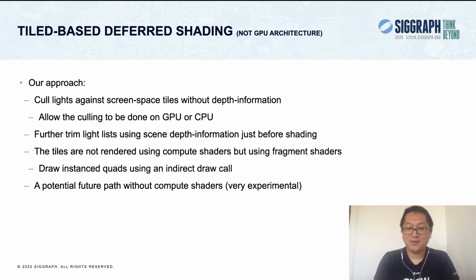The tiles are not rendered using compute shaders, but using fragment shaders. And that's possible because we can just draw instanced quads, also with an indirect draw call. And so that opens up a path where it might be possible to actually do the whole tile-based deferred shading without compute shaders. It's very experimental right now.